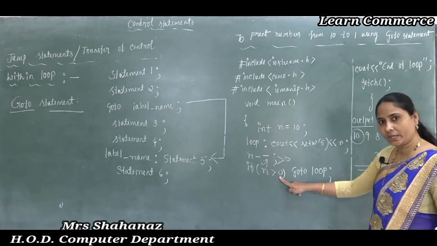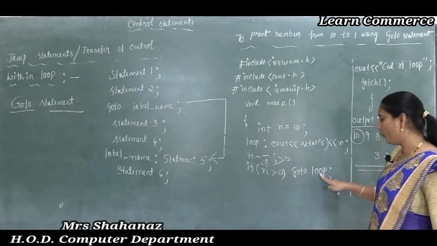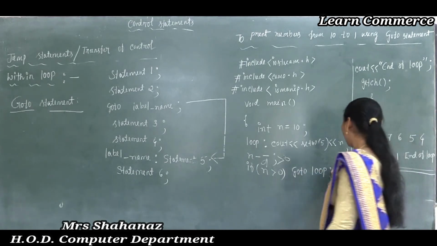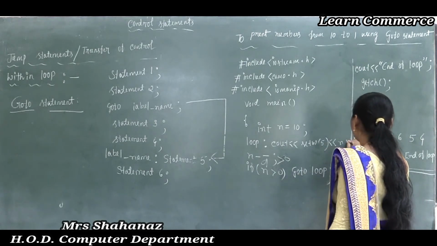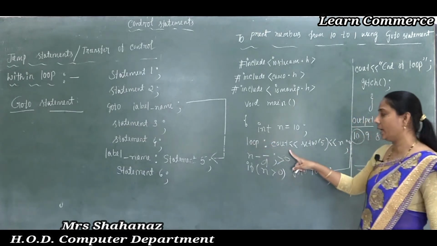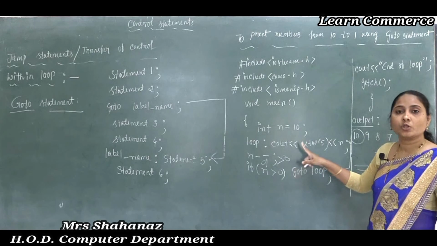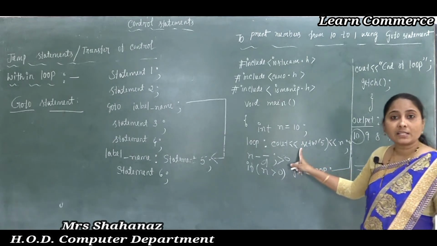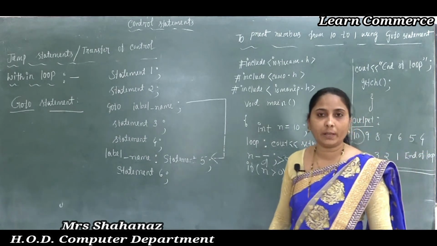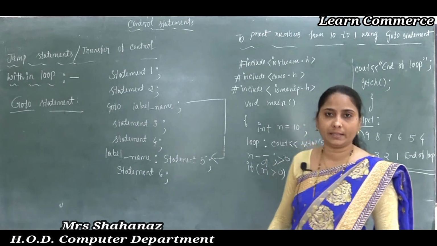If the condition is true, go to the loop. In the loop we wrote the printing of the n value. Clear on this point? This is called transferring the control from one point in a program to any other point in that program.